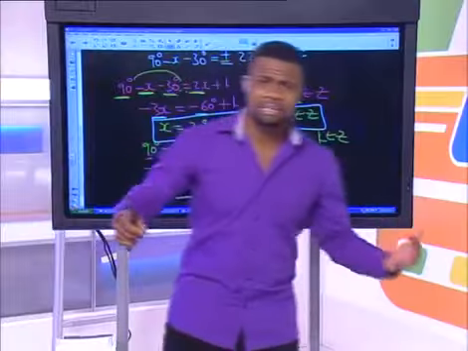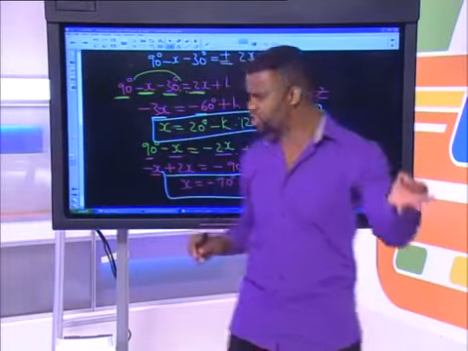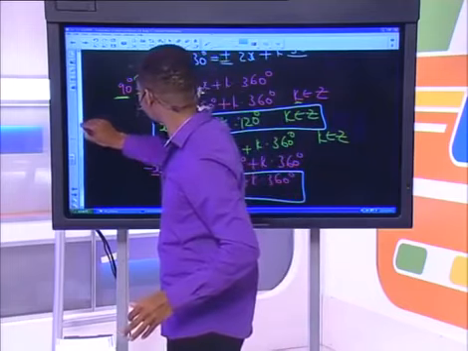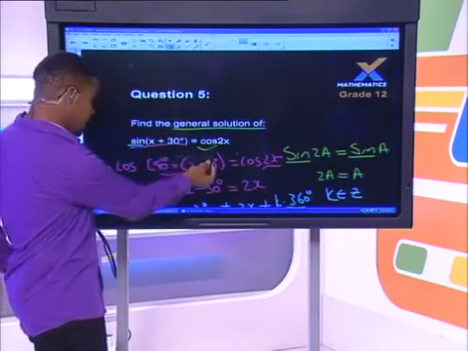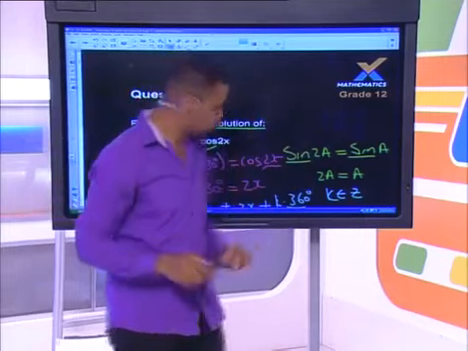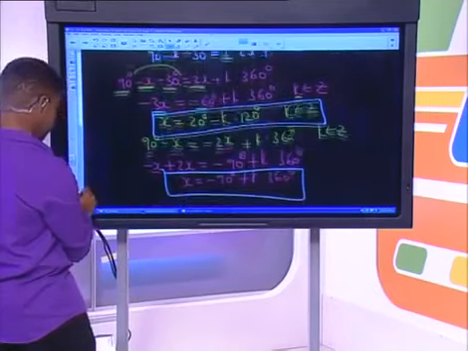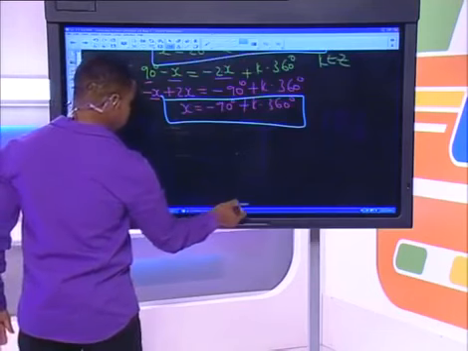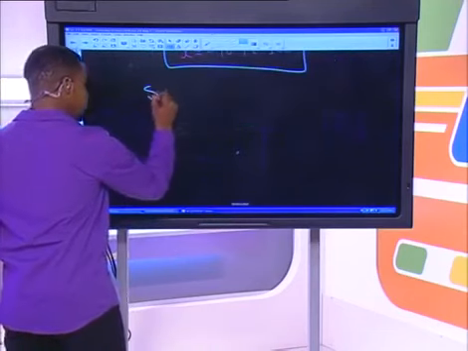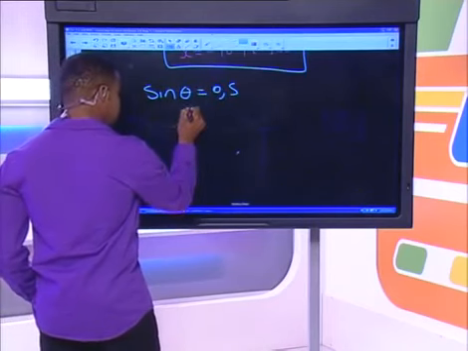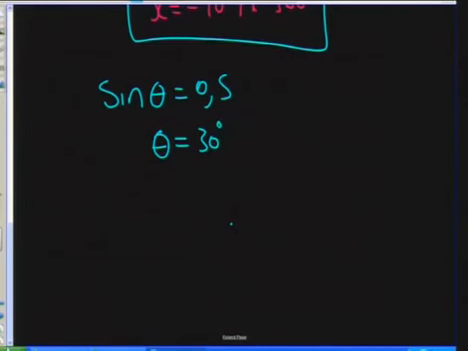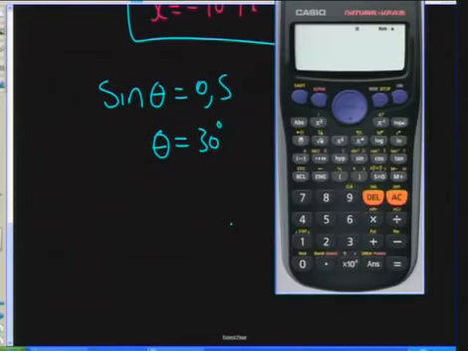I hope you understand this. You could change this into sine, then use the general solution for sine. What is the general solution for sine? If you changed everything into sine, let's say sine theta is 0.5. If you find the key angle, theta is 30 degrees. How do I find this 30 degrees? You go to your calculator, you say shift sine 0.5 bracket, you get this.